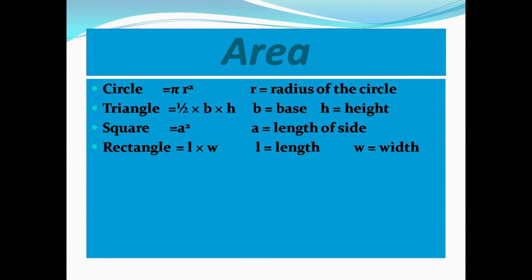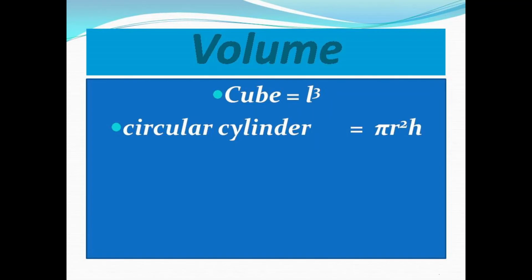For the triangle, the formula is half of base into height. For square, the area is length square, or a square. For rectangle, the area is length multiplied with breadth, whereas for circle, the area is pi r square, where r is the radius of the circle.